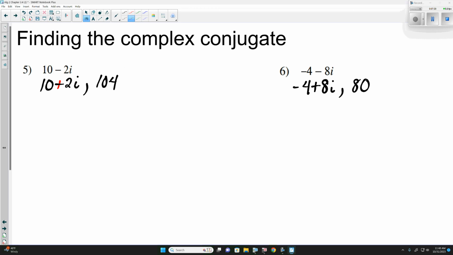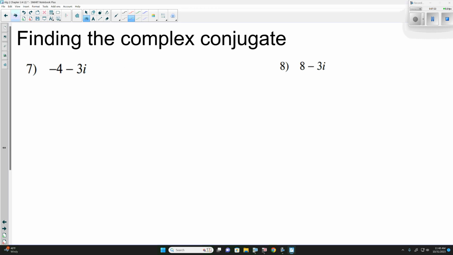Okay. Negative 4 plus 3i. And then we plug it in, we should get 25, yes?